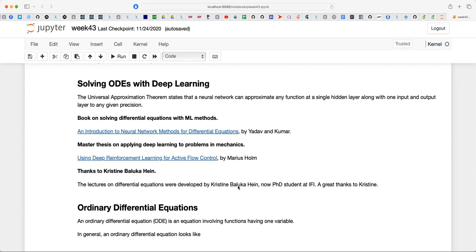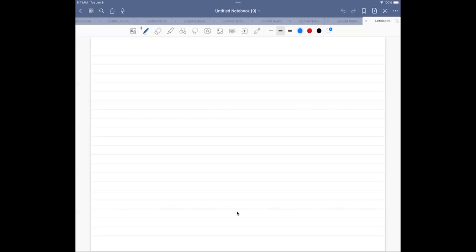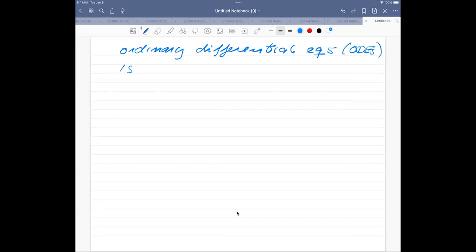So let me bring up the whiteboard first, and then set up the basic equations which you will often encounter. A typical example of a problem when you're looking at ordinary differential equations, or ODEs as they're called, is a first order equation.